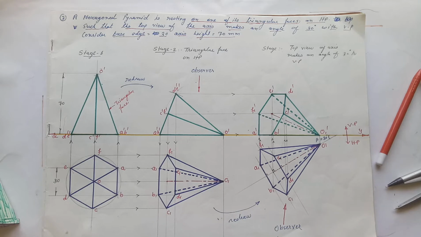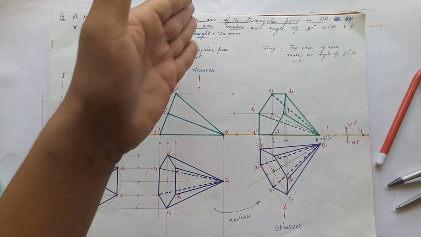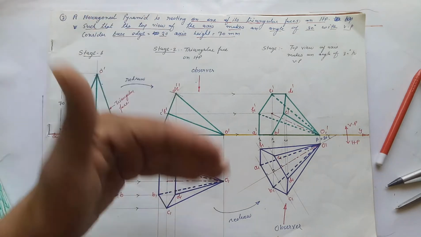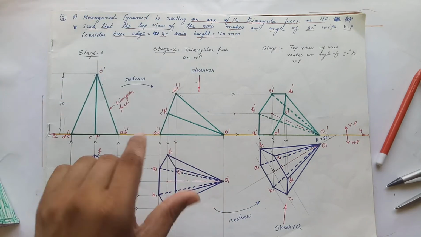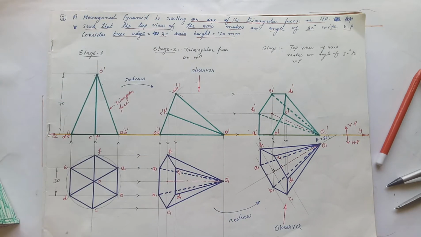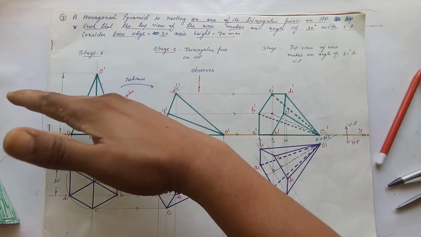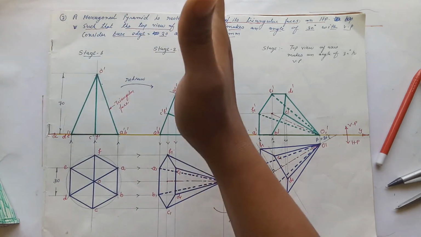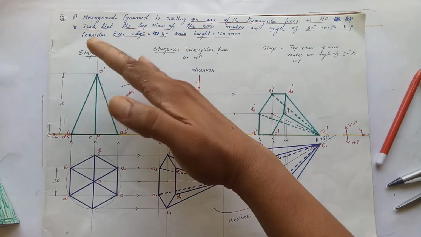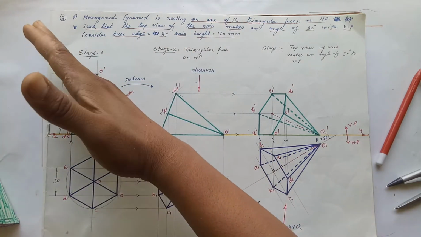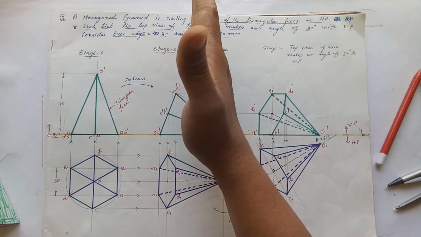For that, in session 3, in first and second example, we have discussed the two distinct cases. In the first case, we have noted the observer and we have drawn the plan step by step. In the second stage, we have the condition perpendicular to the xy line, that means triangular face perpendicular to xy line.